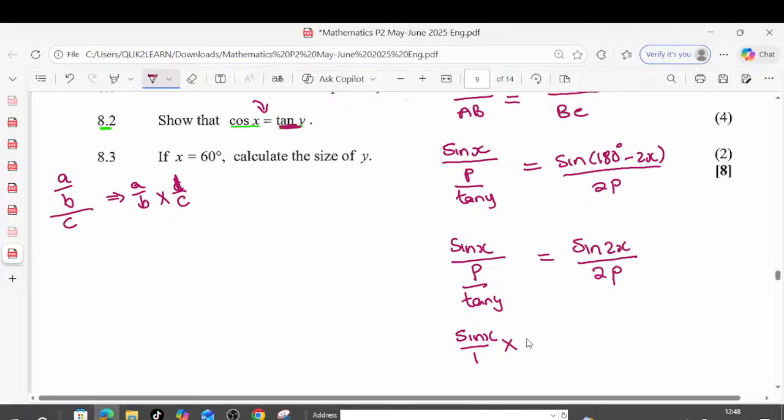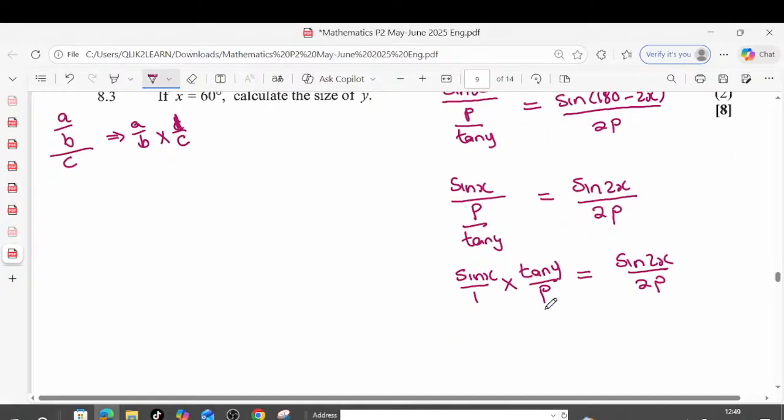We can multiply this by the tan y, which will come on top. Then we divide this by P. Then we equate this to the sine 2x over 2P. Okay, so far everything is good. Now we can just write this as 1.